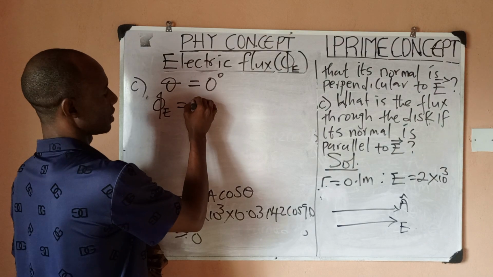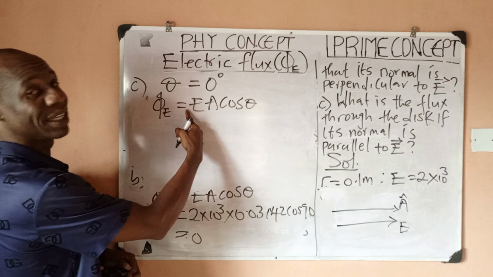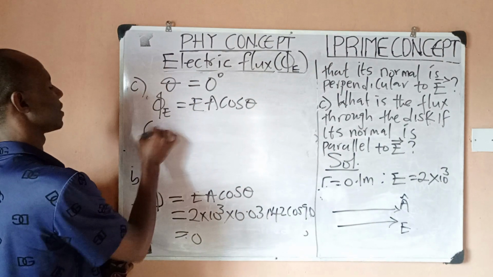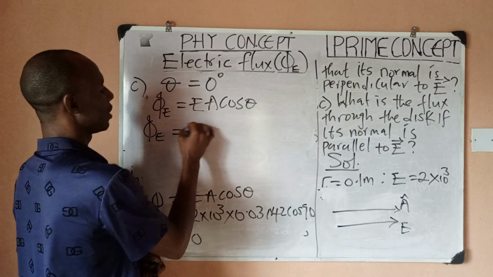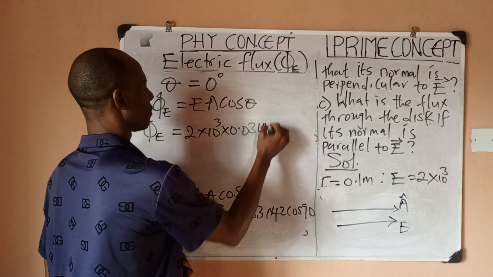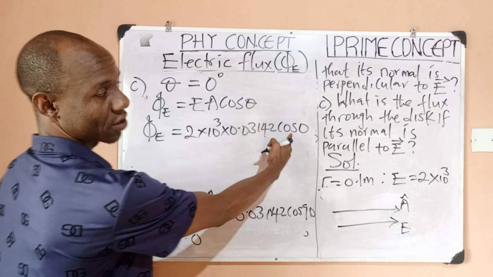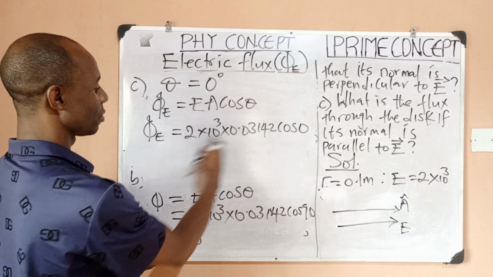So your phi E is going to be EA cos theta. You can simply say EA, but let me just follow this. So E is 2 times 10 to the power 3, 0.03142, cos 0. Cos 0 is 1. So it means you will just be multiplying this.